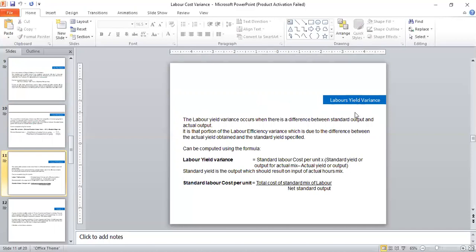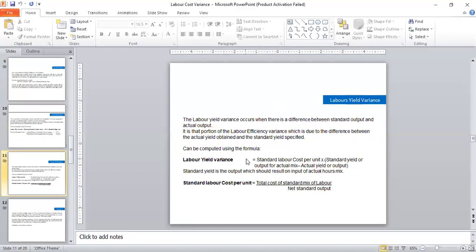Now we have to discuss the labor yield variance. The labor yield variance occurs when there is a difference between standard output and actual output. It is that portion of the labor efficiency variance which is due to the difference between the actual yield obtained and the standard yield specified.